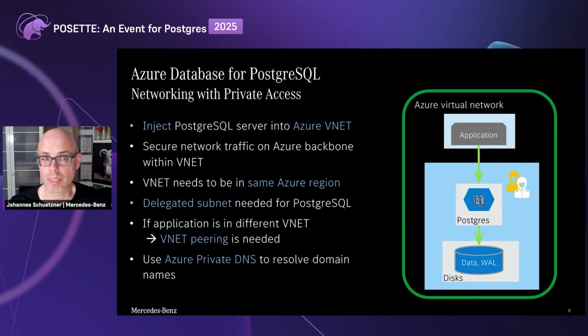It can be that the application is in a different VNet or in a different region, and then you would use VNet peering to connect these virtual networks so that the application can reach the database. As the Postgres server is not accessible from the public internet, you need a private DNS server like Azure Private DNS for the domain name resolution.